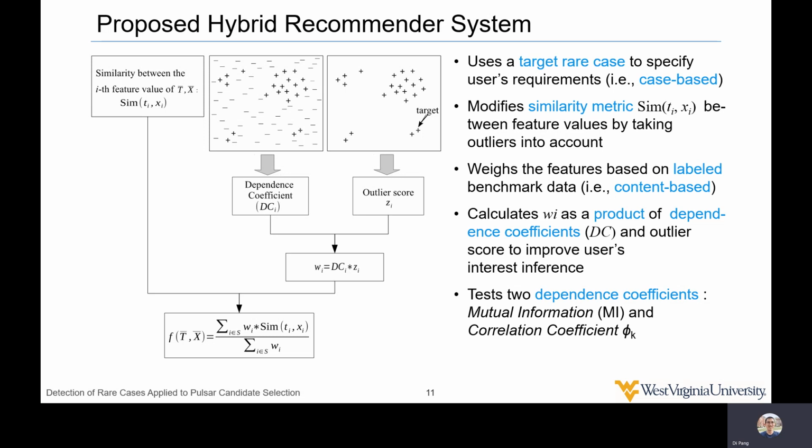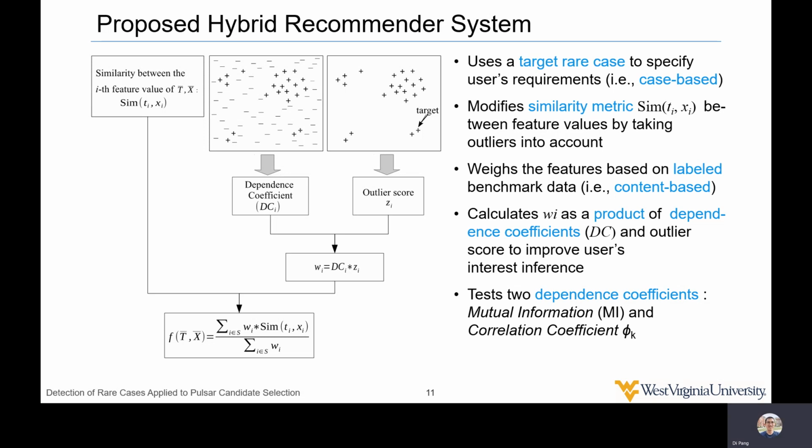Specifically, our approach uses a target rare case to specify users' requirements. And we modify the similarity metric between feature values by taking outliers into account. We then weigh the features based on the labeled benchmark data.